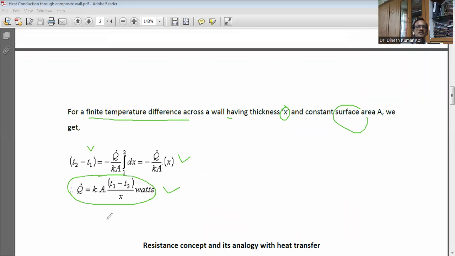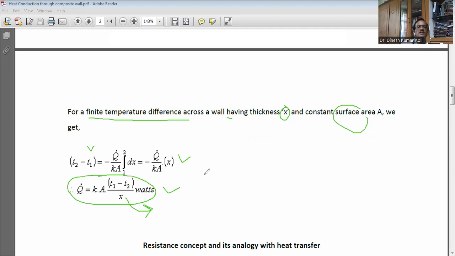By this expression, we can calculate the heat flow rate. Here x is the thickness, so Q depends upon x. Q and x are reciprocal: if x increases then Q decreases, and if x decreases then Q increases.